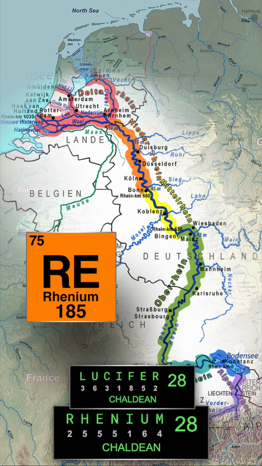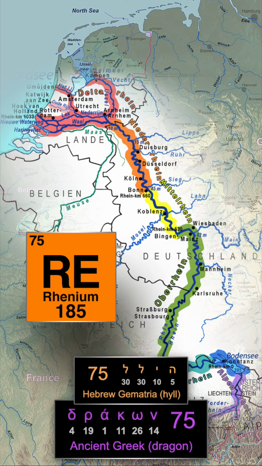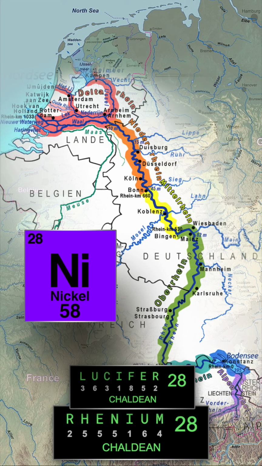So we have a very strong connection between the Rhine River and that dragon shape that it makes, rhenium, which is named after the Rhine River, and we have dragon in the New Testament and Lucifer in the Old Testament, all tied together, bridging that with rhenium. Insane connections. What about the 28? Rhenium is 28, Lucifer 28.